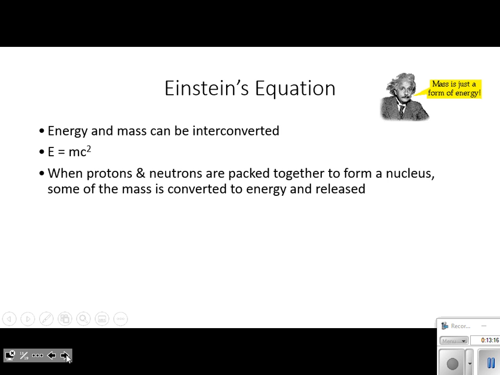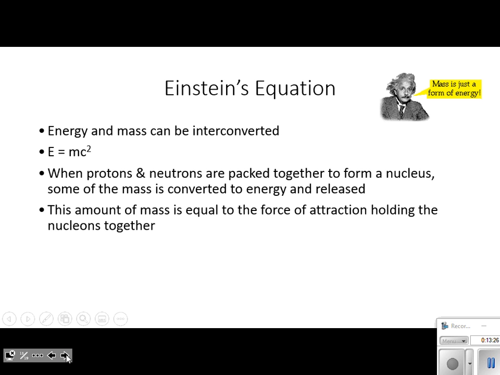When protons and neutrons are packed together to form a nucleus, some of the mass is converted to energy and released. This amount of mass is equal to the force of the attraction holding the nucleons together. That strong force. So that strong force is where we get that extra mass.